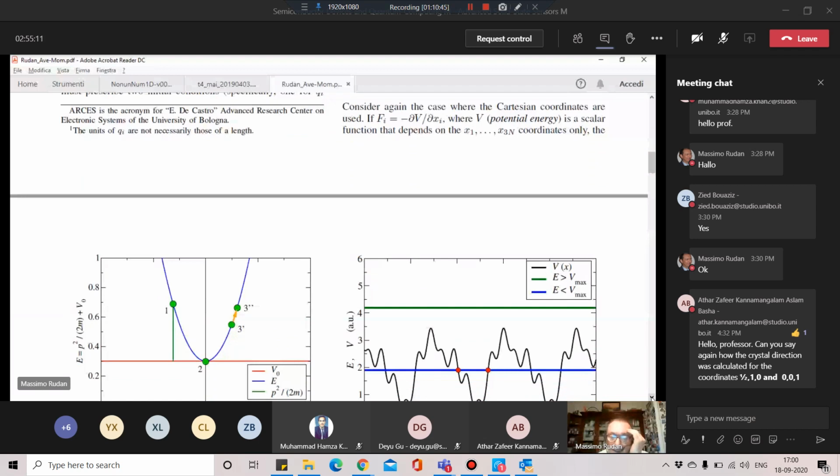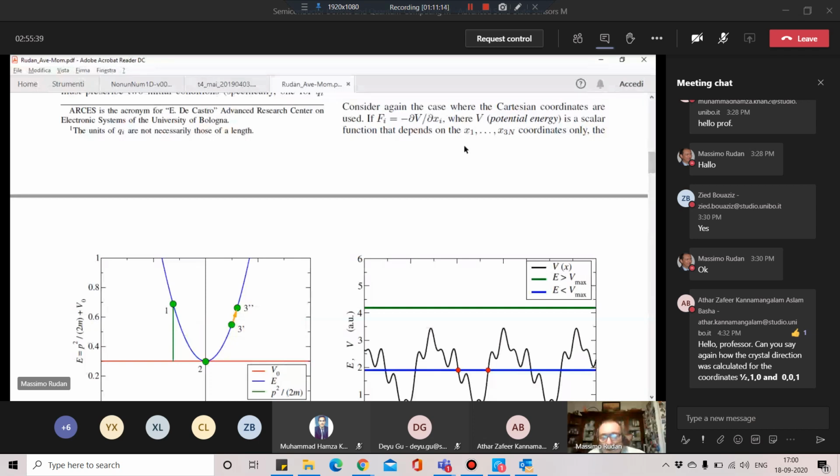And these particles are subjected to external forces and also they interact with each other, okay? We have the important case in which the forces acting on the particles are conservative.